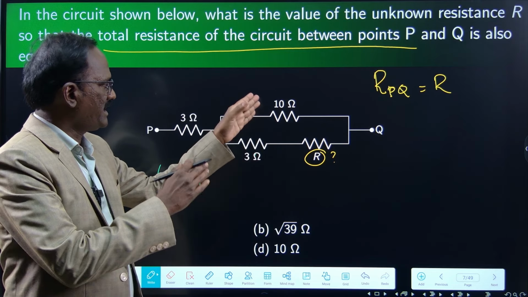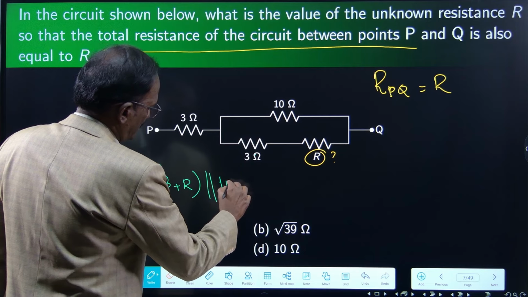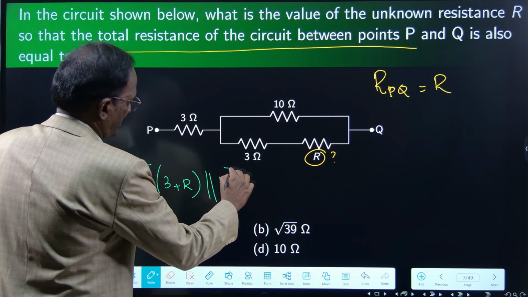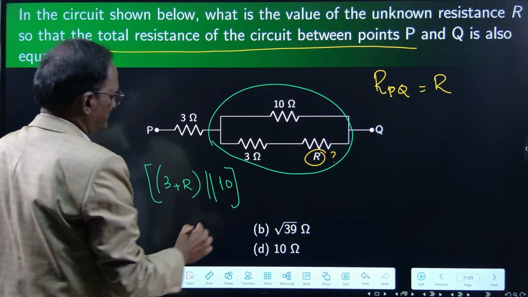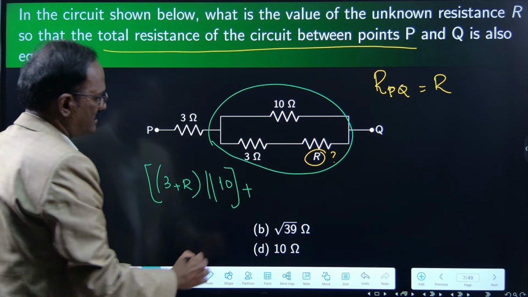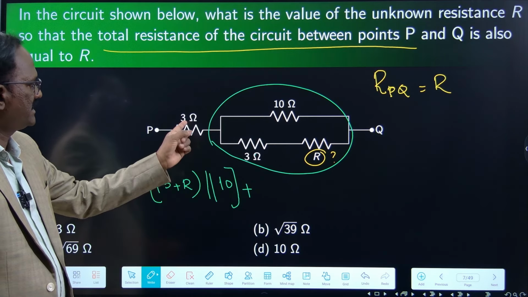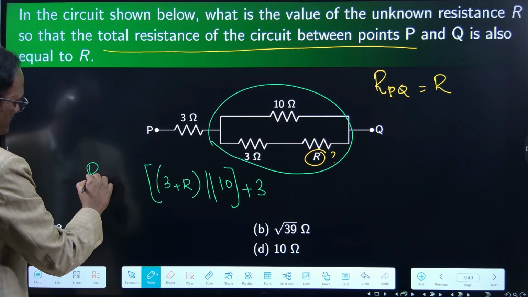Then it is coming in parallel with 10 ohms. Symbol for parallel, 10 ohms. Then the square bracket is this part. Now this part is over. 3 plus R parallel with 10. Then this is coming in series with these 3 ohms. This is R PQ.